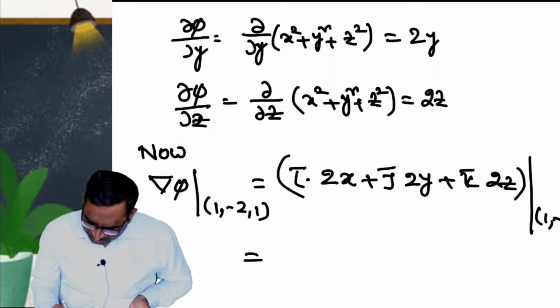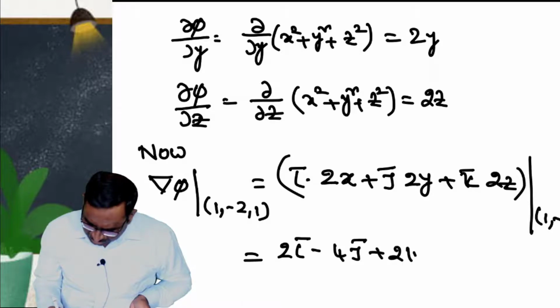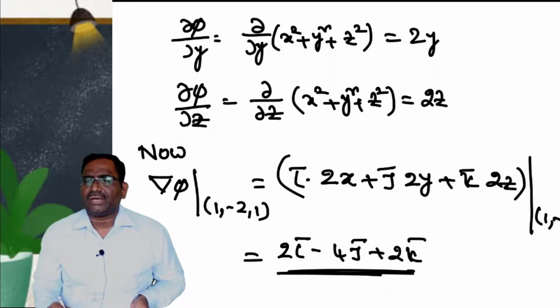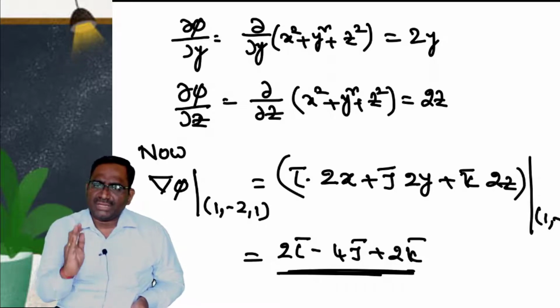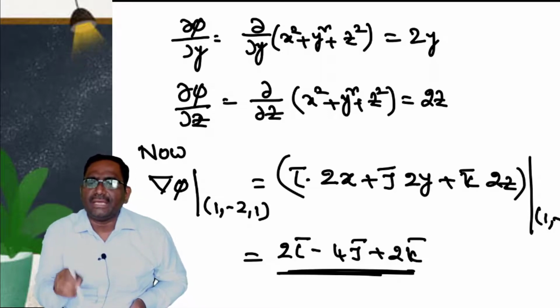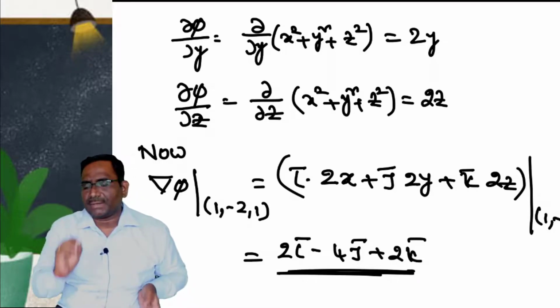That means x is 1, y is minus 2, z is 1. This gives 2i bar minus 4j bar plus 2k bar. This is the normal vector to the level surface at that particular point P 1, minus 2, 1.